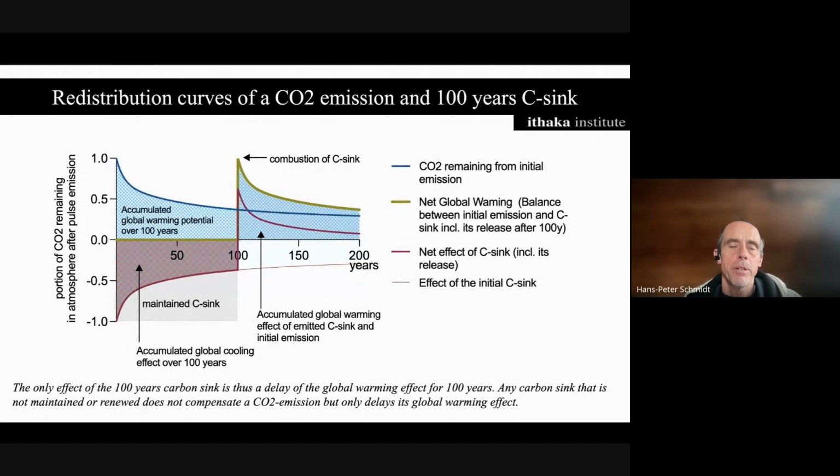And that is the reason why climate scientists and policy makers only want to have very long-term carbon sinks, because otherwise it's only a delay in your climate action. However, during these first 100 years, the effect is the same as if you would have a long-term carbon sink or only a 100-year carbon sink.